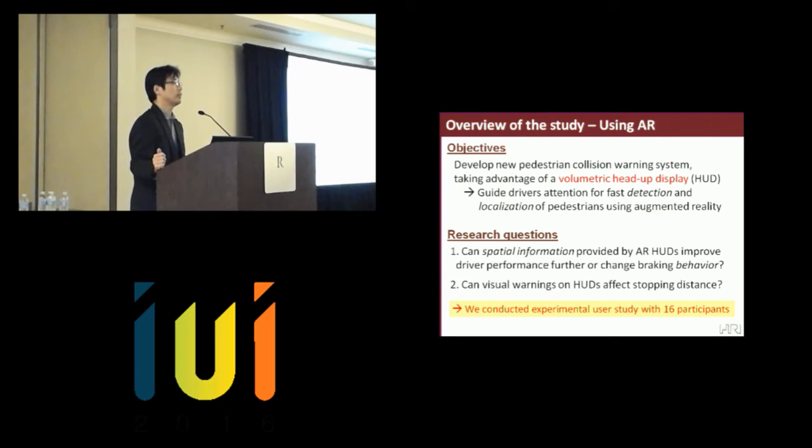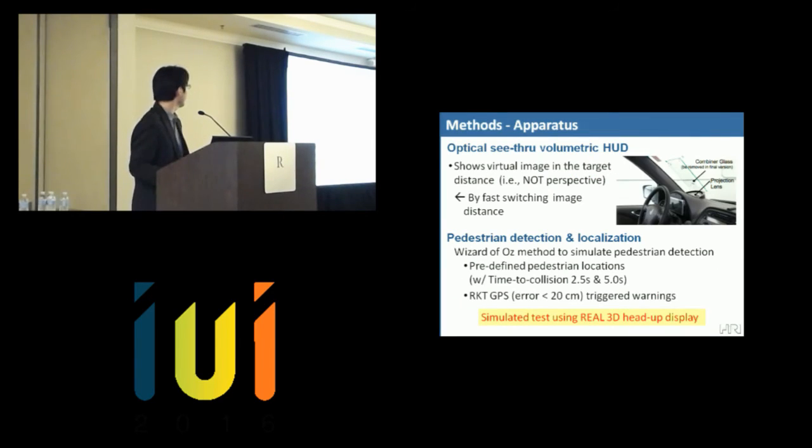And we conducted an experimental user study with 16 participants. So our hardware is like this. In the car, we have a heads-up display here, and the combiner comes here, and this hardware can show a virtual image at the target distance.